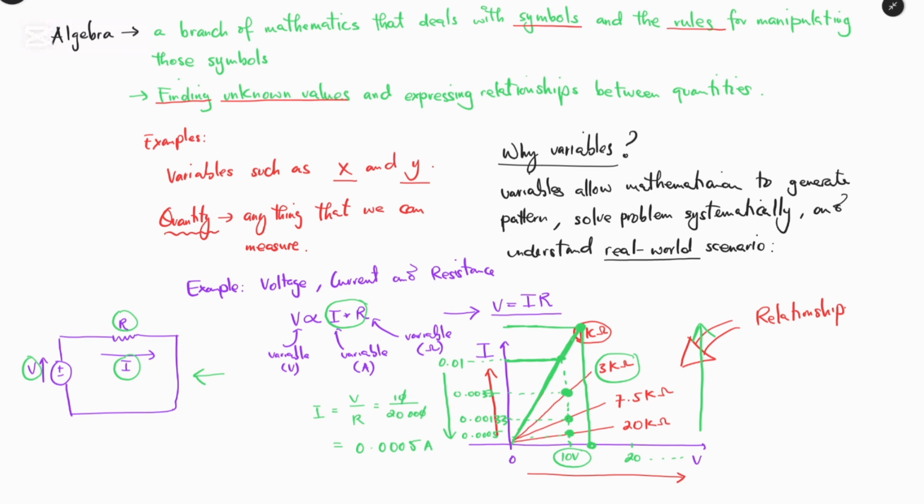So from this relationship we see that we normally use algebra, such as representing a signal in terms of a variable. So it is very easy for us to compute the relationship between those quantities, such as decreasing the voltage will decrease the resistance and the current.